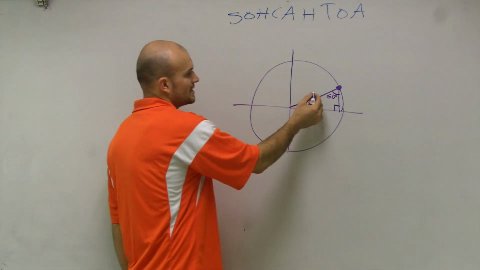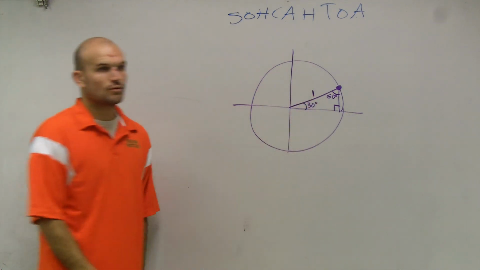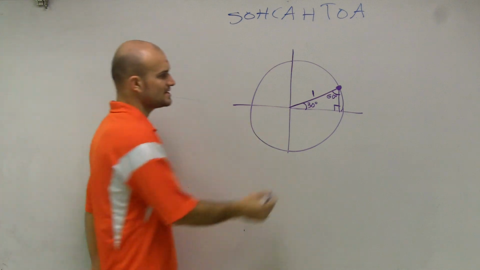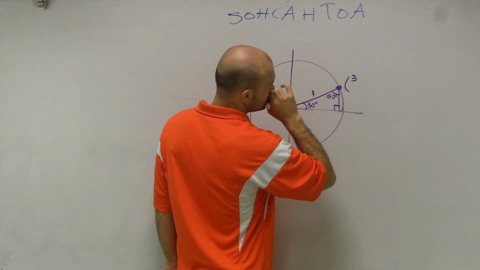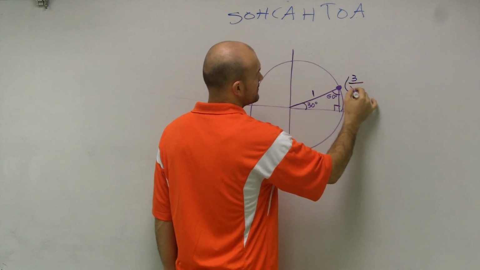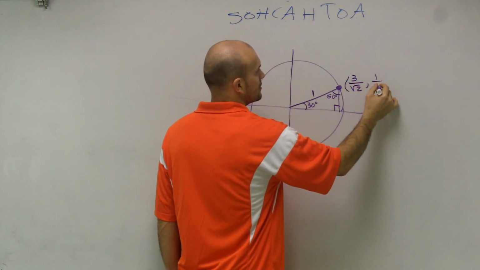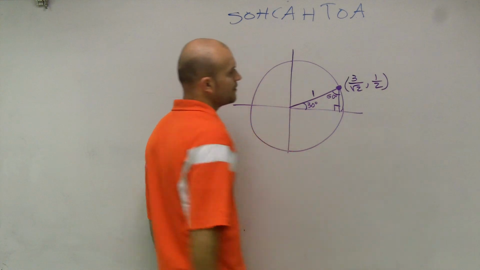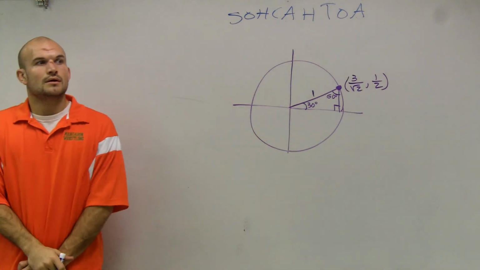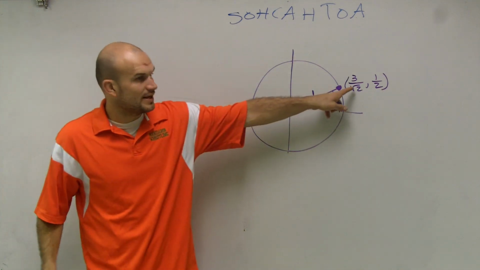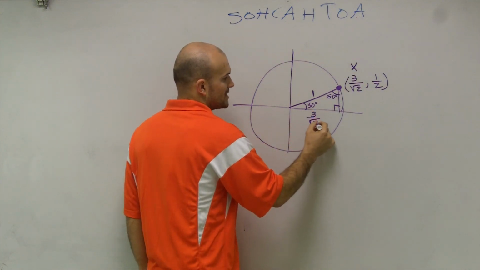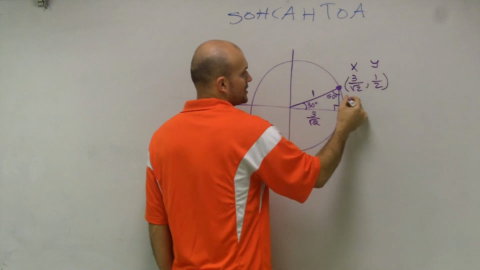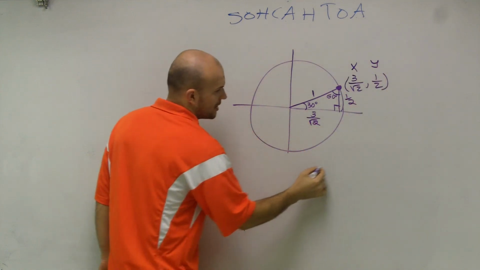And if I said my radius was equal to 1, then remember this point is square root of 3 divided by 2 times 1/2. So this is your x value, meaning this value is square root of 3 divided by 2, and my y value is 1/2.